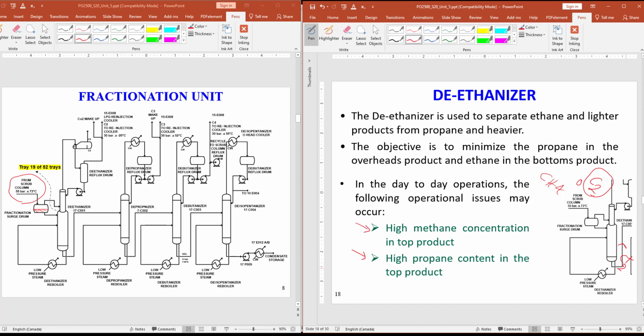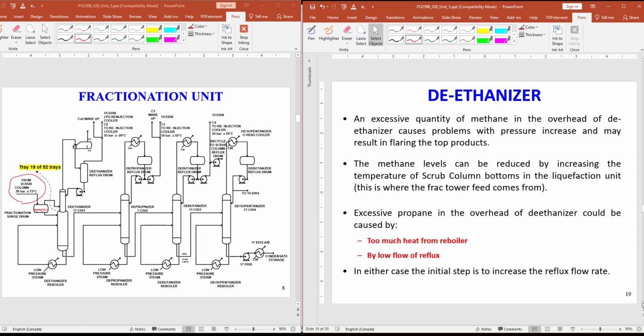Here we can play with the reflux ratio and the reboiler load. But for the methane, it's better that we separate methane before coming to this unit. It means it's better we separate it in the scrub column, or before that. So those are the issues that we might have.